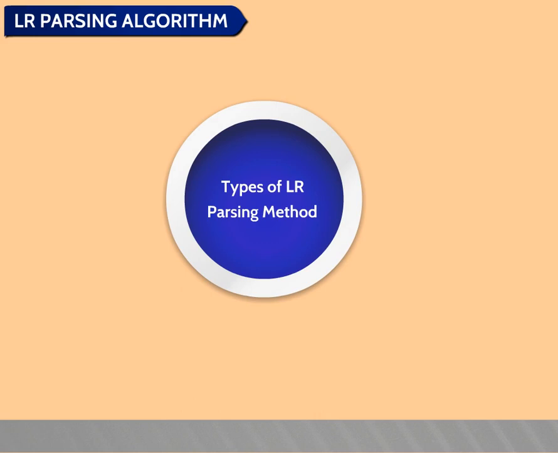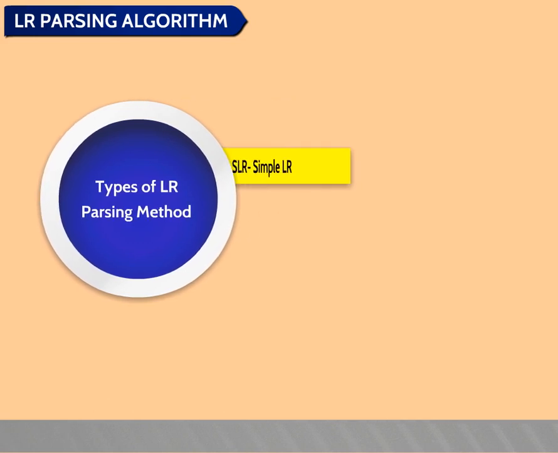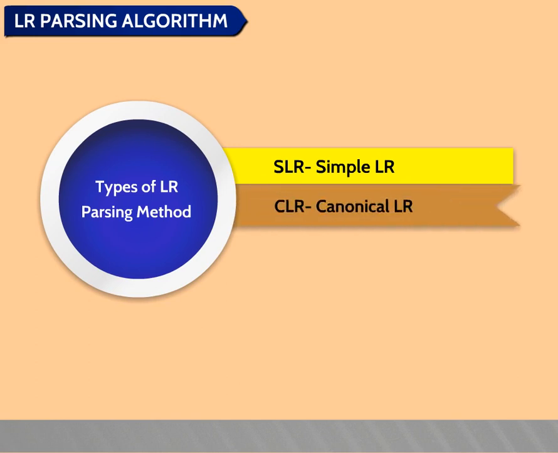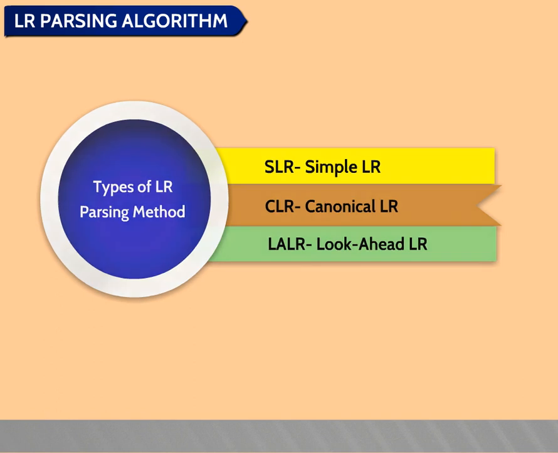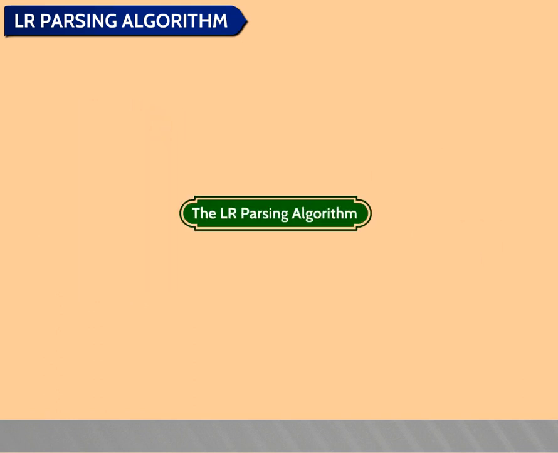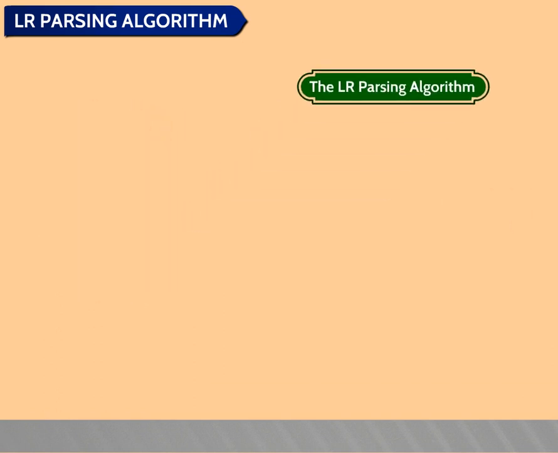Types of LR parsing method: SLR, simple LR; CLR, canonical LR; LALR, look ahead LR. The LR parsing algorithm.